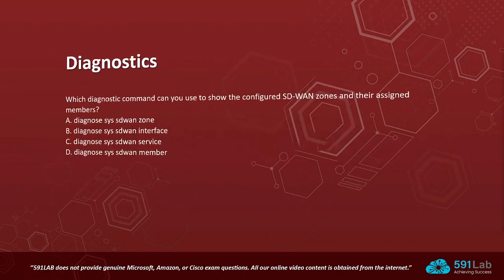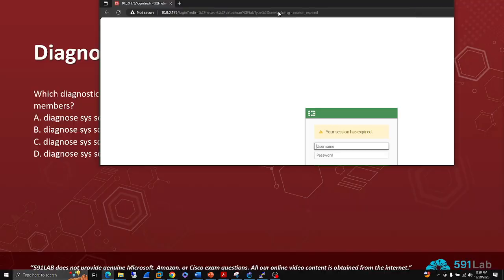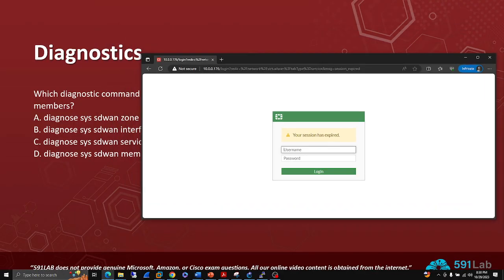The next one is about diagnostics. And we can see there: which diagnostic command can you use to show the configured SD-WAN zones and their assigned members? So let's take a look at the FortiGate and at these commands.